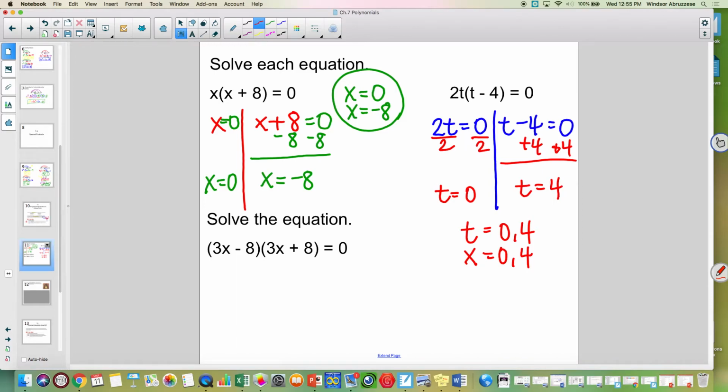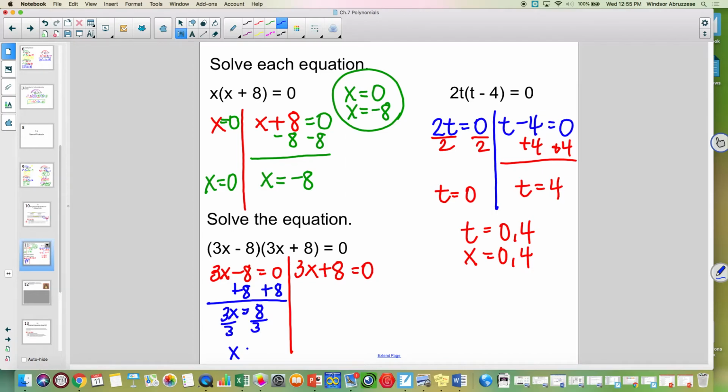Example number 3, solve this equation. My two factors, I have 3x minus 8 times 3x plus 8. So I'm going to take both factors and set them equal to 0. Okay, these look equivalent, just the signs are different. So we're going to solve them the same. I have to eliminate the constant by doing the inverse. So on this one I'm going to add 8. So I'm left with 3x equals 8. Divide by 3.